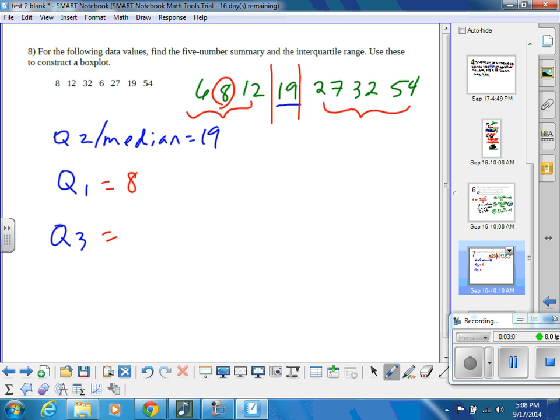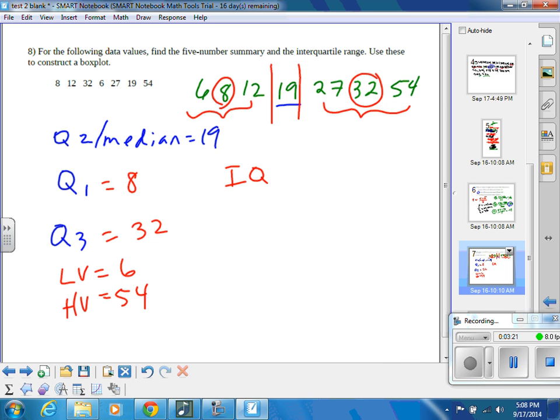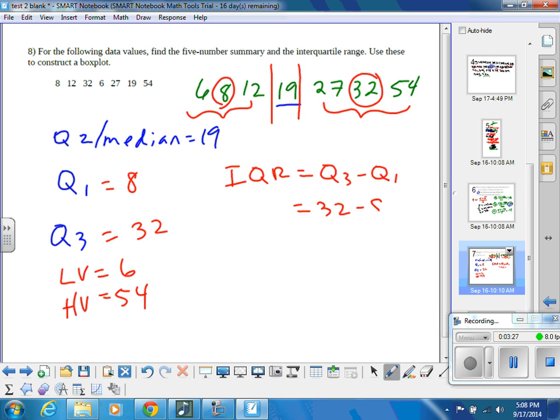The second one, 32's in the middle, and so that's Q3. I also need to say what's my lowest and highest value, which I see here. Lowest is 6, highest is 54, okay? And now to do my interquartile range, I just subtract Q3 minus Q1, or 32 minus 8 to get 24.